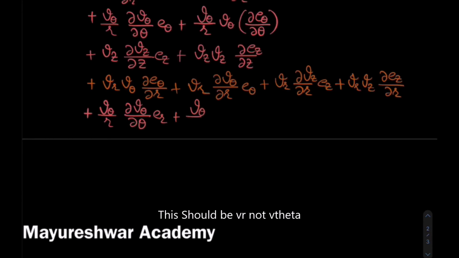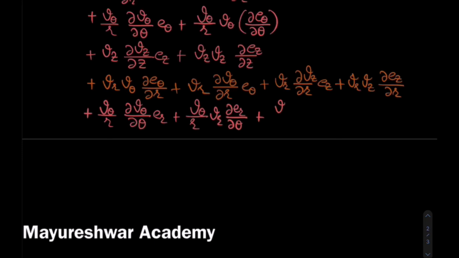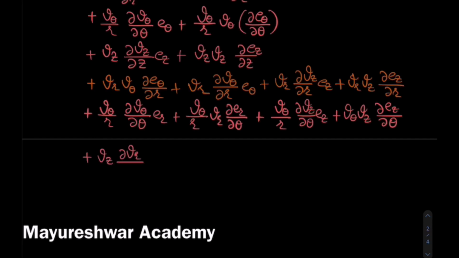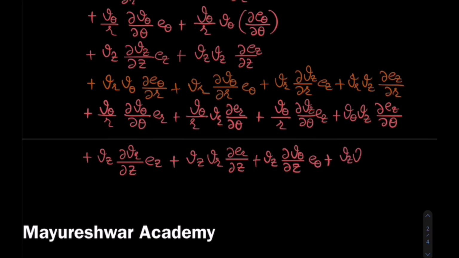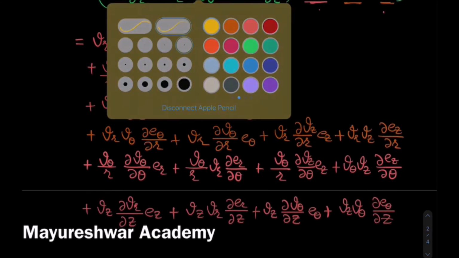So v_θ over r differentiating e_θ and v_r into e_r. Okay, so similarly along the z direction. Now the last component, which is v_z into partial over partial z operating on v_r multiplied by e_z, plus the last component, which is partial over partial θ, is along z.